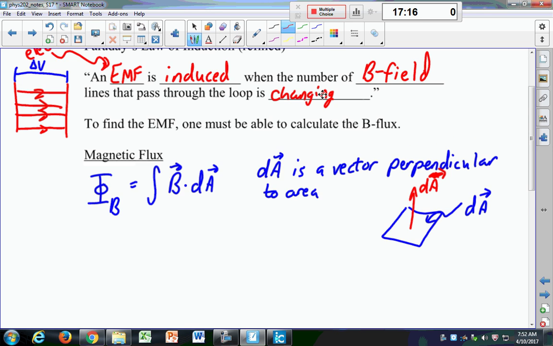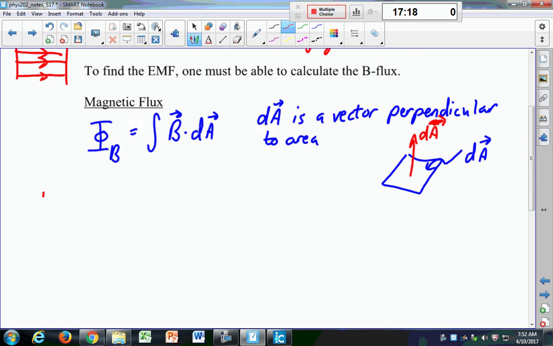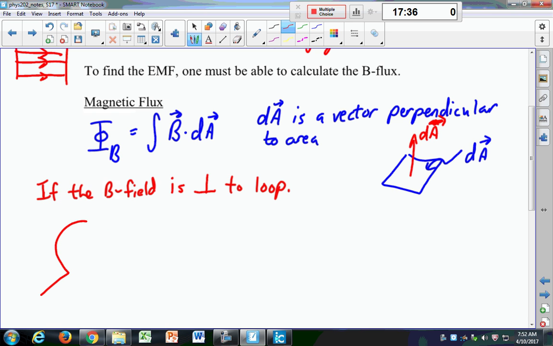So if the B field is perpendicular to the loop, then you get something that looks like this. Say this is our loop of wire right here. We have our magnetic field, say into or out of the page, so that it's perpendicular to that loop of wire.